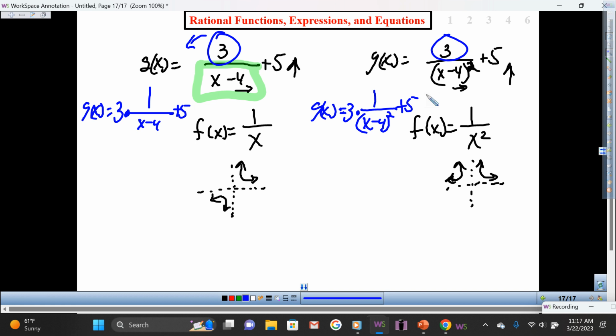Now, let's understand what this does. Look up, please. What does the 3 do to both functions? Tell your neighbor, please. Yeah, some of you are like, it stretches, Mr. Q. Okay, but look up to the screen. Specifically with these, here's my asymptote right here, the red one. All it's going to do is take these away from this asymptote. To what number now?